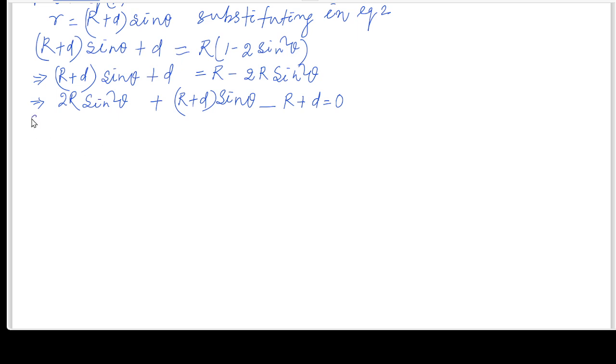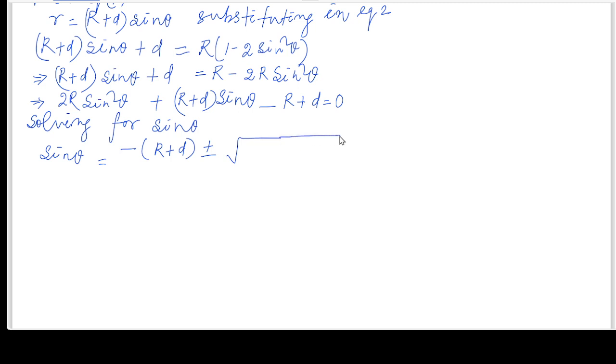Solving for sine theta, sine theta equals minus R plus d plus minus square root of R plus d whole square minus 4 into twice R into minus R plus d, whole over 4R.